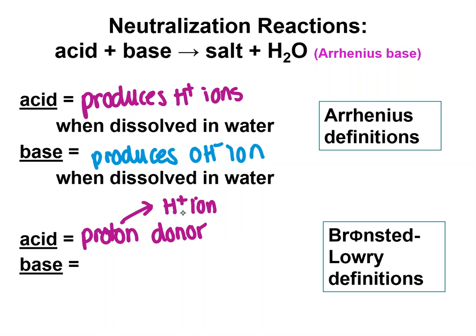So if they lose one electron, all that's left is one proton. So it's literally the same thing. Anyway, and then a base is a proton acceptor. Like I said, there are compounds that will fit in the Bronsted-Lowry definition that won't fit in the Arrhenius definition.